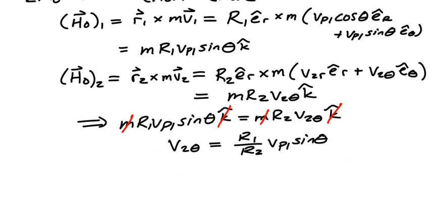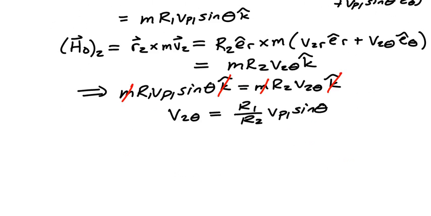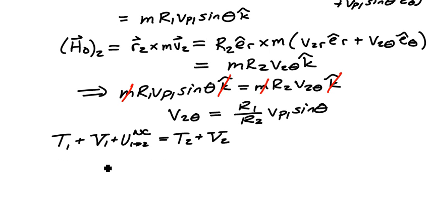That something else, because we're looking at a change in position, is going to be the work energy equation. And so what I can say here is that T1 plus V1 plus the non-conservative work done moving from state 1 to state 2 has to equal T2 plus V2. T1 is a relatively straightforward component. This is simply going to be 1/2 times the mass of the puck times Vp1 squared.